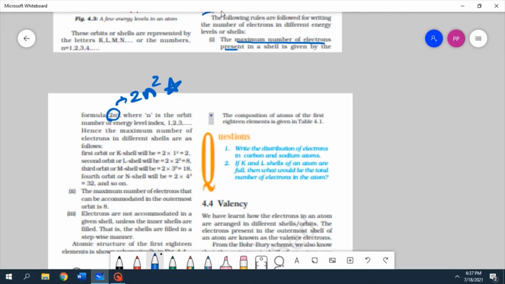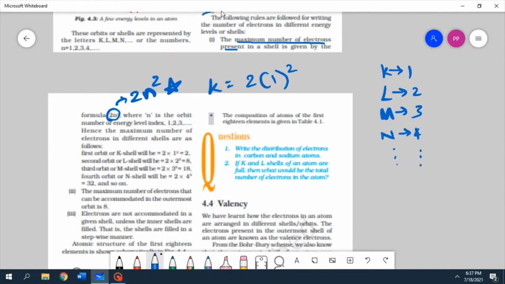So the maximum number of electrons in the K shell is 2 times 1 squared, because K shell is the first one, L shell is the second one, M shell is the third one, N shell is the fourth one, and so on. For K shell it is 2 times 1 square, which is 2. For L shell it is 2 times 2 square, which is 8.